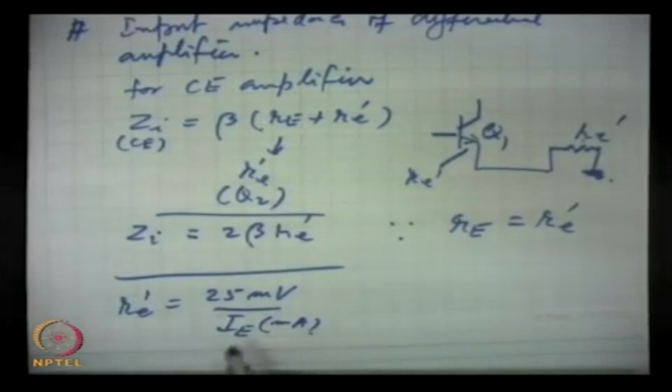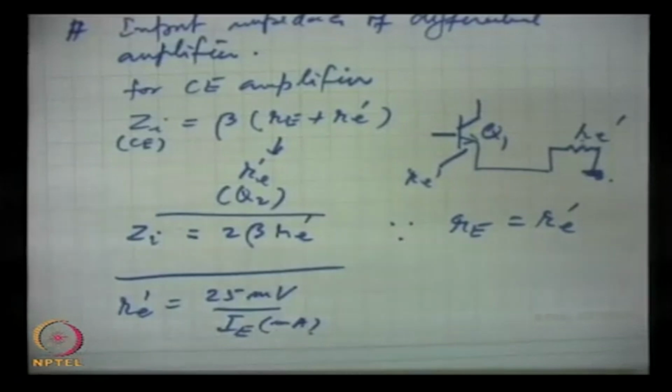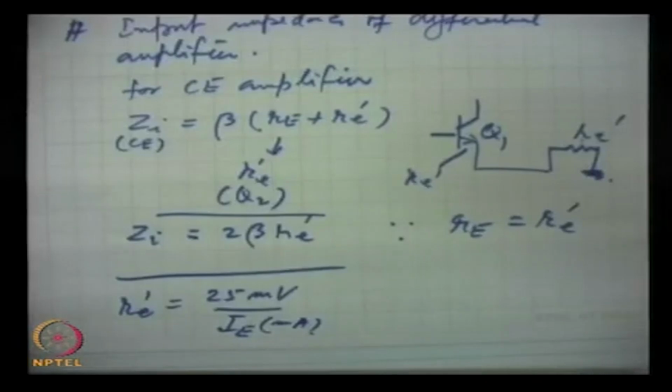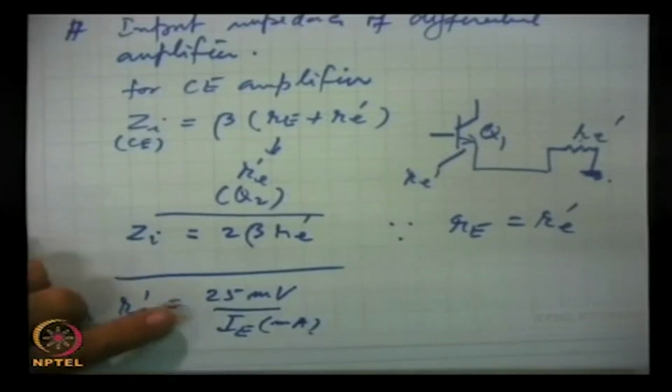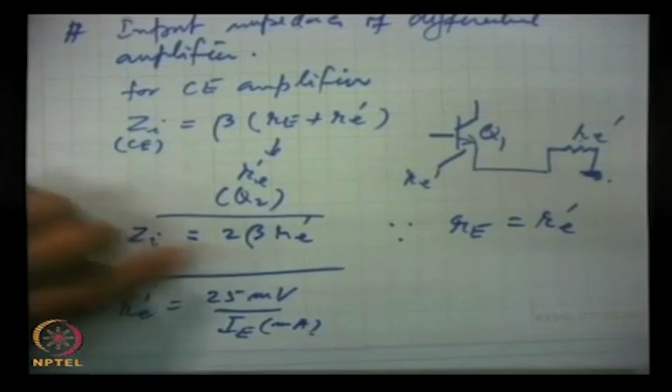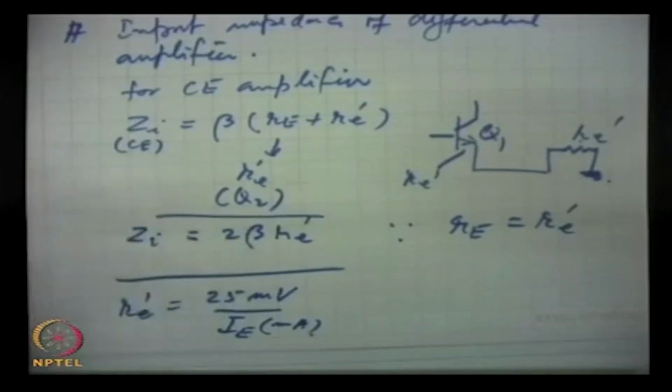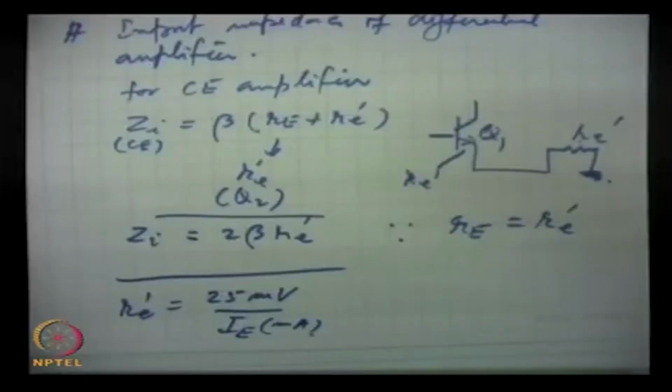Then it depends on current, and in differential amplifiers this current is very small, and hence RE prime is very high. If RE is 1 kilo ohm, for example, then depending on the value of beta, this will be several hundred kilo ohms or even 1000 kilo ohms. So, differential amplifiers have very high input impedance. So, this was about the input impedance.